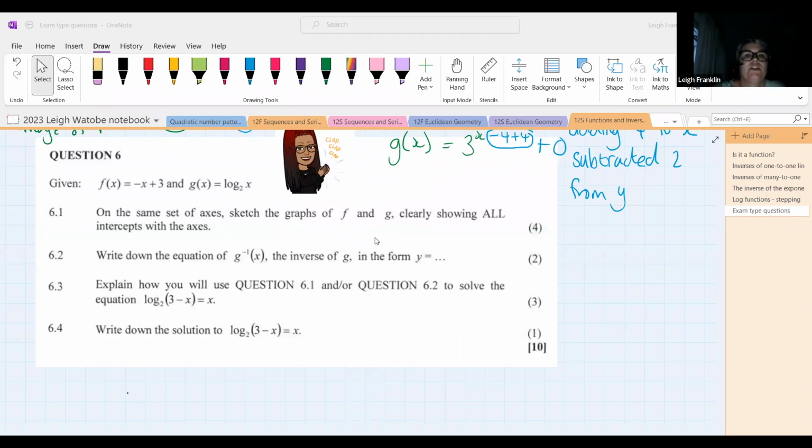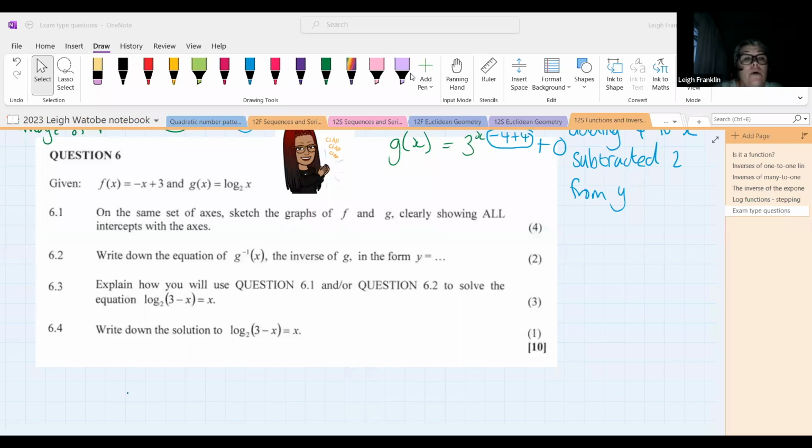Perfect. It's a linear function, so it's a straight line and a log function that they have now combined together.